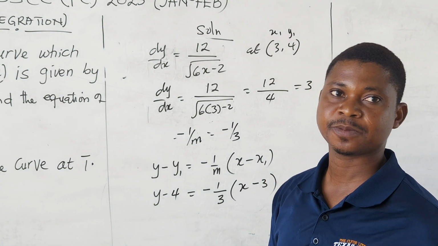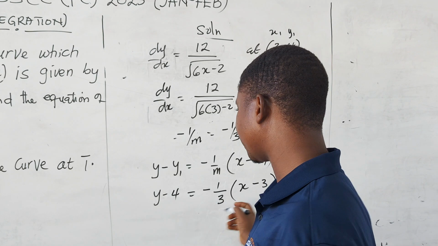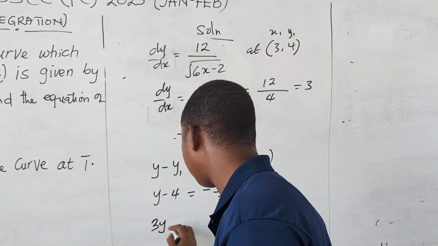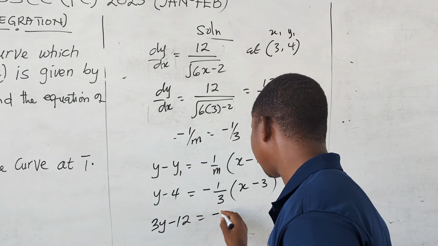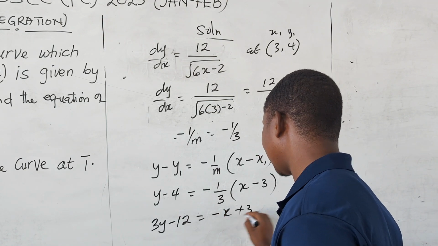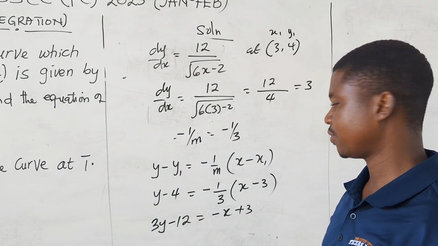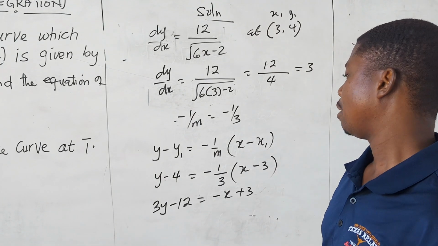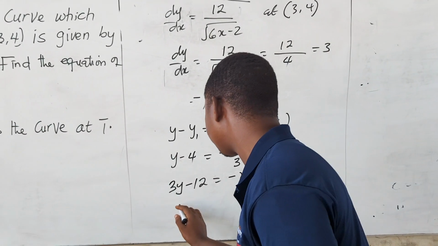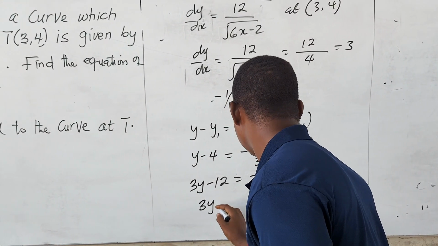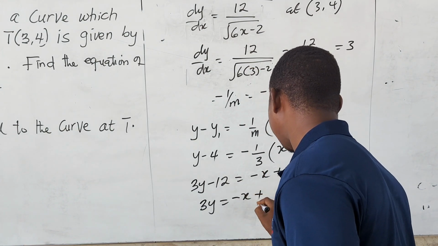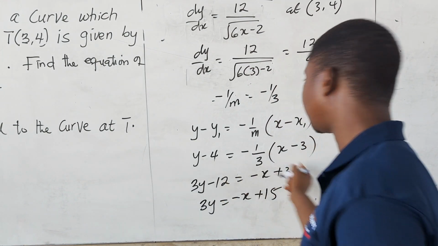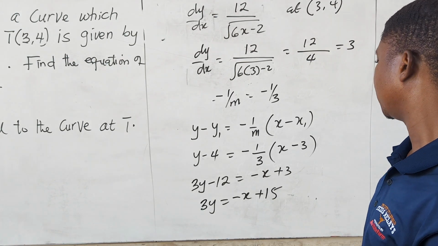At this stage we can expand by multiplying through by 3. We have 3y minus 12 equal to negative x plus 3. Then we make y the subject. So we have 3y is equal to negative x plus 15, because 12 plus 3 gives us 15.